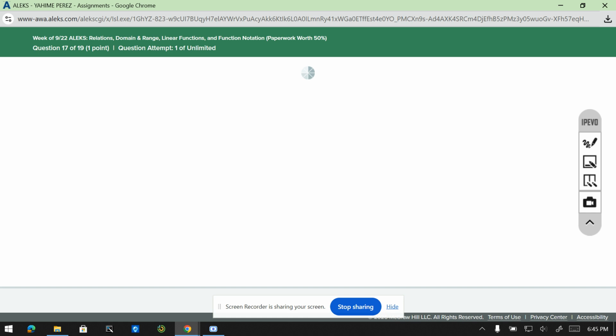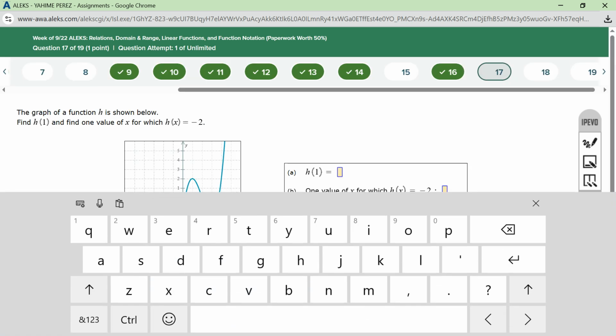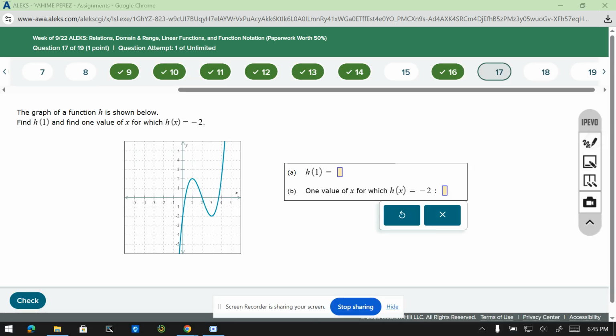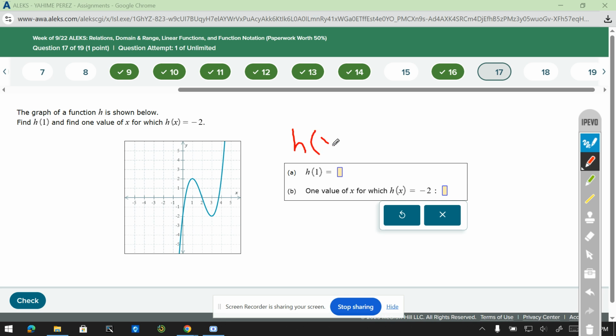Okay, going on. Same thing. We're going to continue. So this is, instead of doing f of x, they decided to give it a different letter. Now we have h of x, but it's the same thing. They replaced x with 1, and so they want you to find y when x is 1.